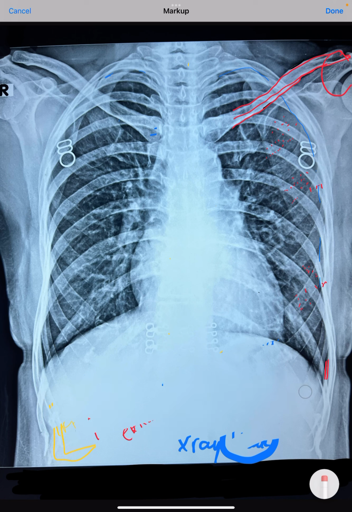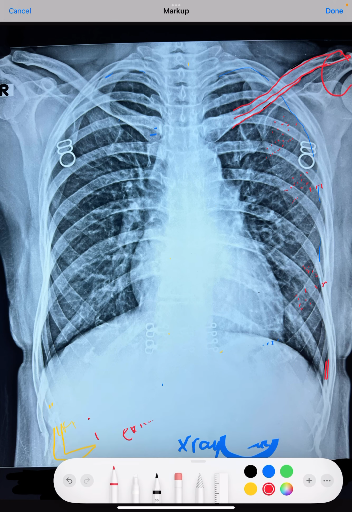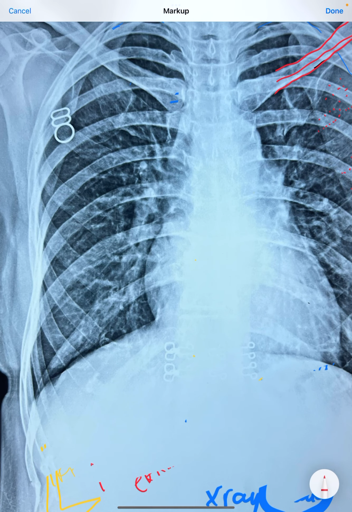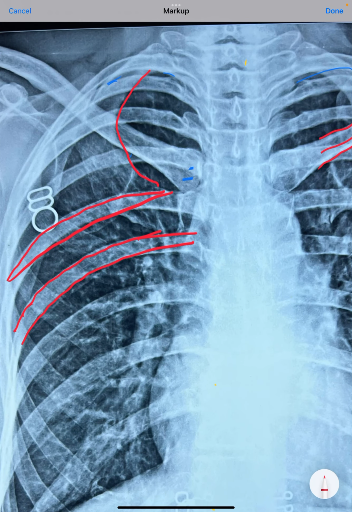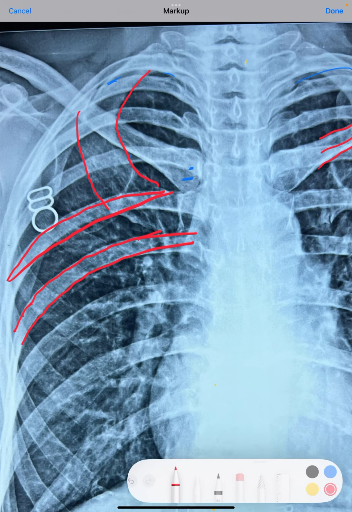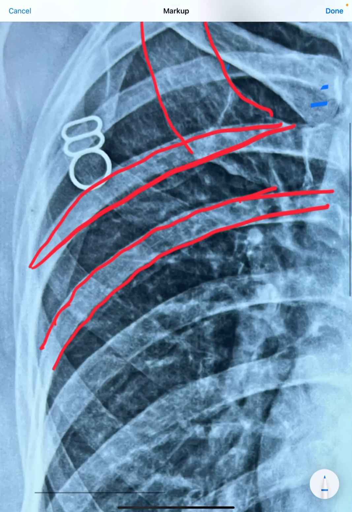Apart from that, other structures which we always have to see are the ribs. These are all posterior ribs. Even though they appear in front, these are actually posterior ribs. And the anterior ribs are like this. What I'm drawing, you can simply make out this line. This is the anterior line, this is the anterior rib.